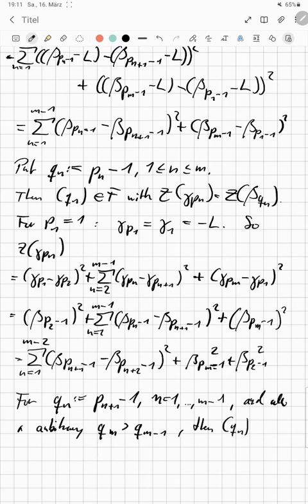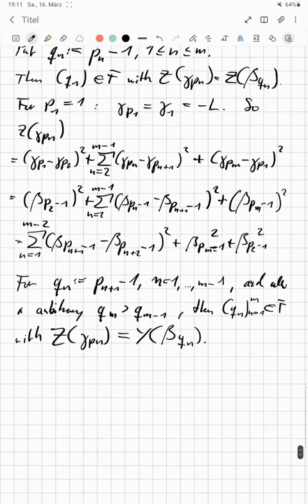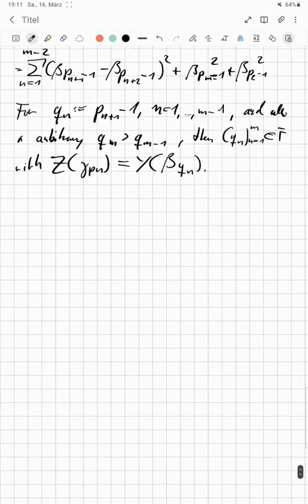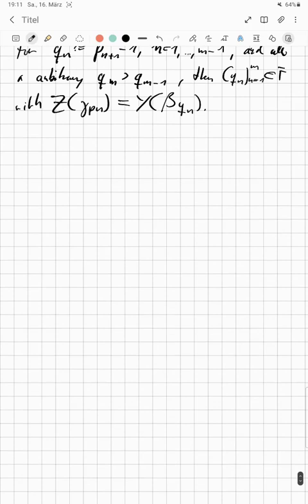Then these Qn's are valid indices from our set F with Z of gamma Pn being equal to Z of beta Qn. And with our lemma, we now know that the norms must be the same for gamma n and beta n, since the suprema which are calculated in the A norm of gamma n and the Sj norm of beta n respectively are the same set.